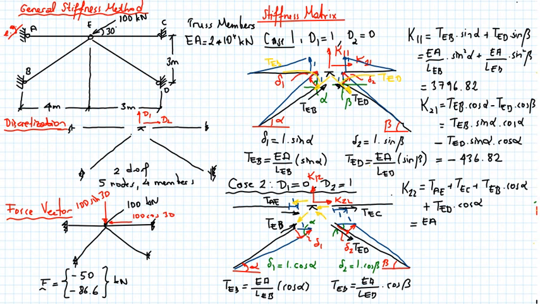I have EA over L for AE plus EA over L for EC plus EA over LEB multiplied by cosine square alpha plus EA over LED multiplied by cosine square beta. So this should be beta.